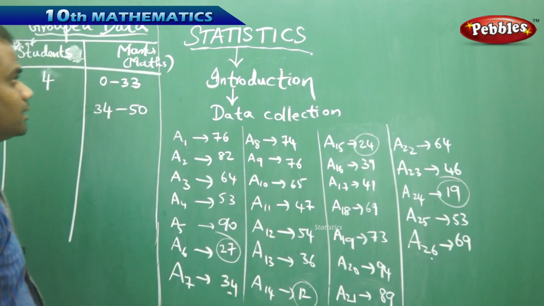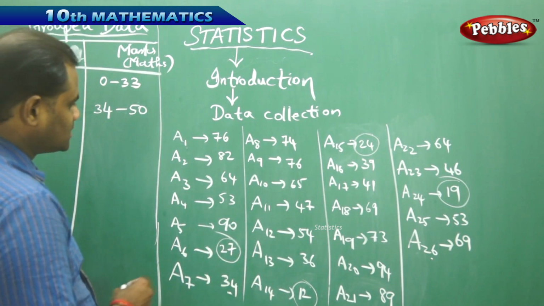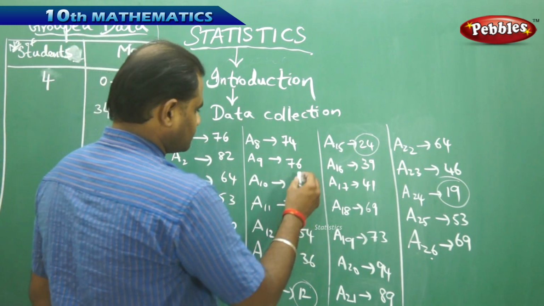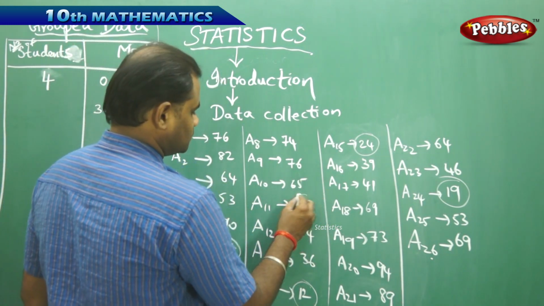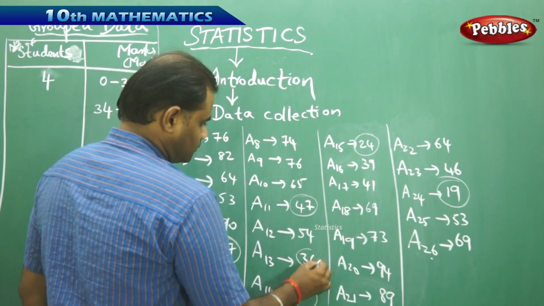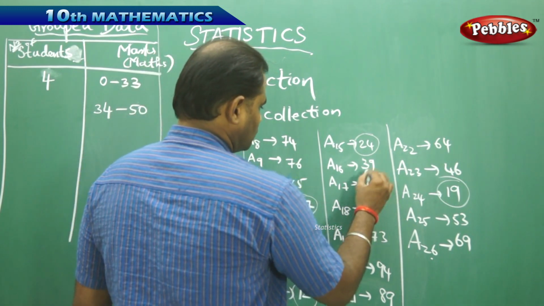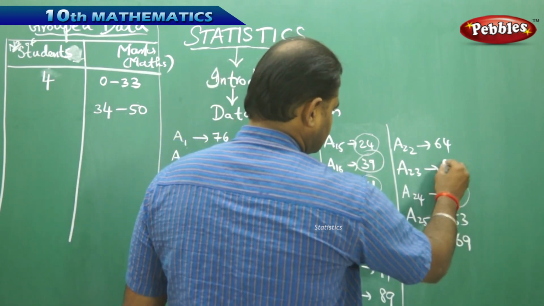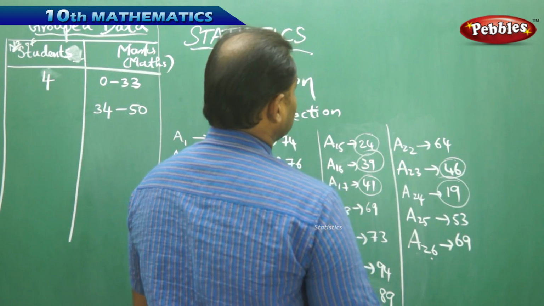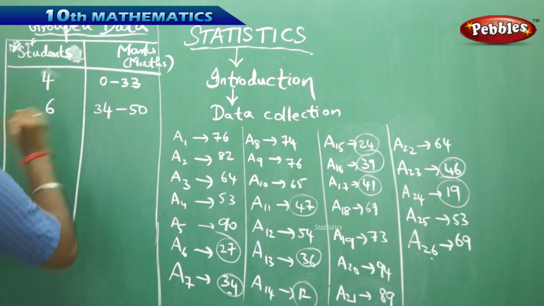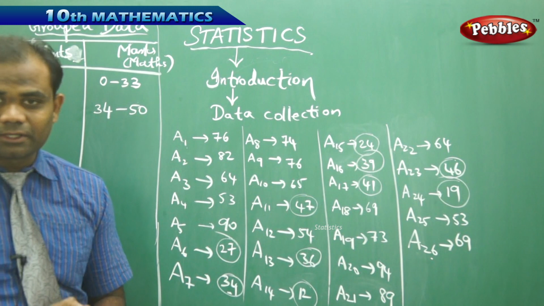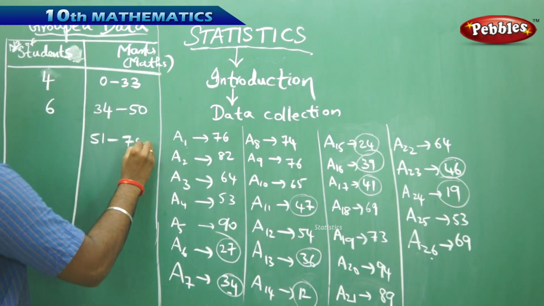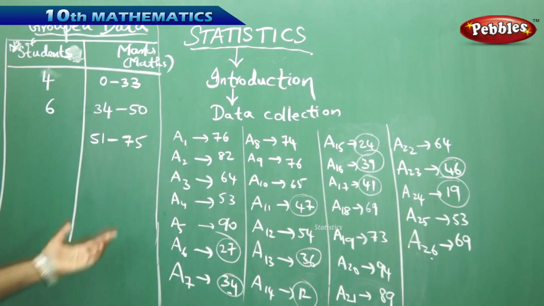Then I count that clearly there are 6 students, because as I see here, 34 comes here 1, to 50, 2, 3, 4, 5, 6. So totally there are 6 students who got the marks between 34 and 50. Next, I want to know the number of students who got the marks between 51 and 75.